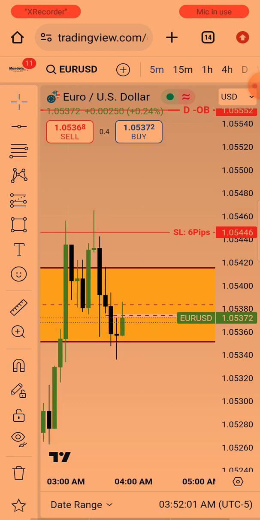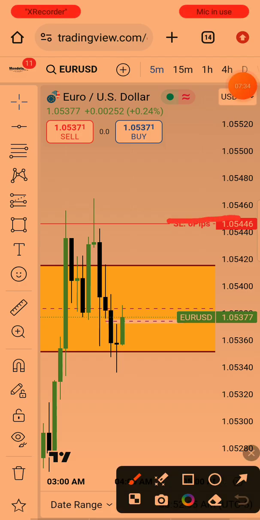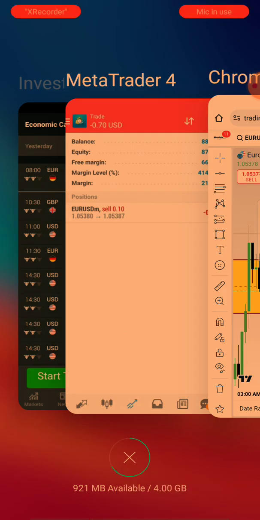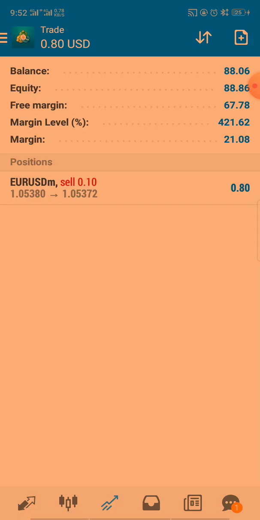So the number is one. This is the number I'm talking about, this one right here, this number, this red one. So the number is 1.05446. Let me go to my MT4 to set the number. 1.05446.